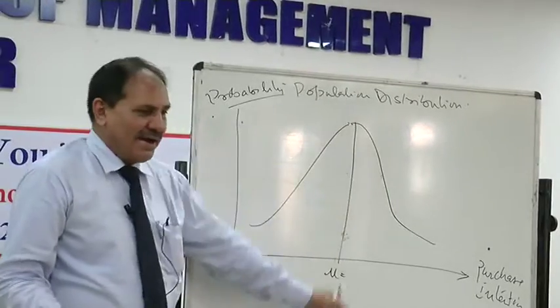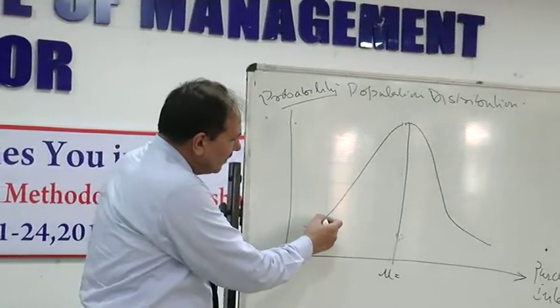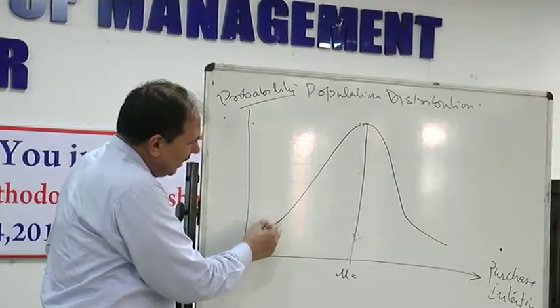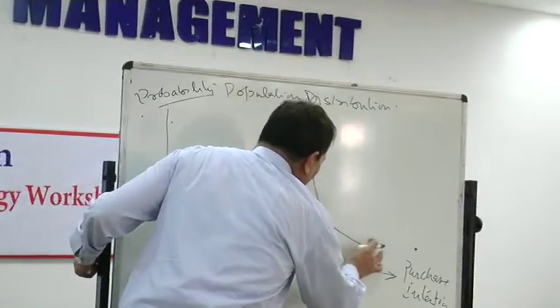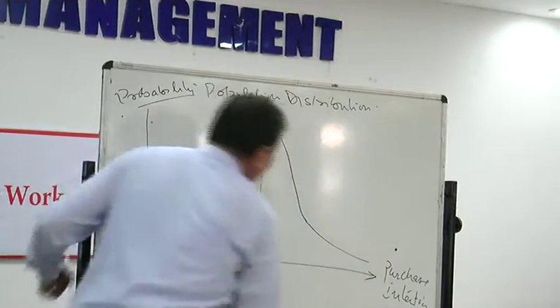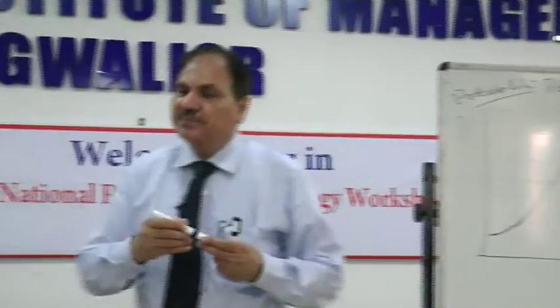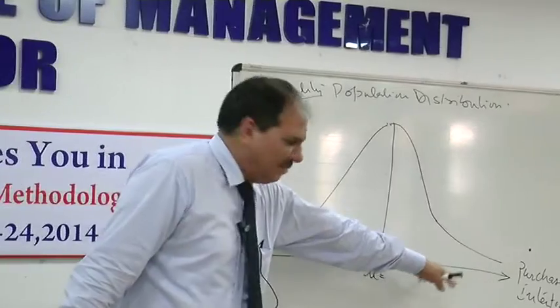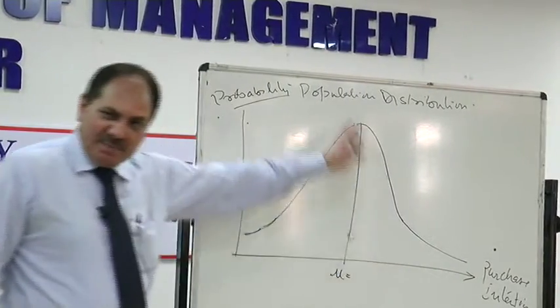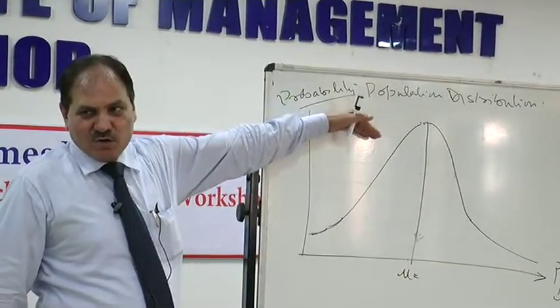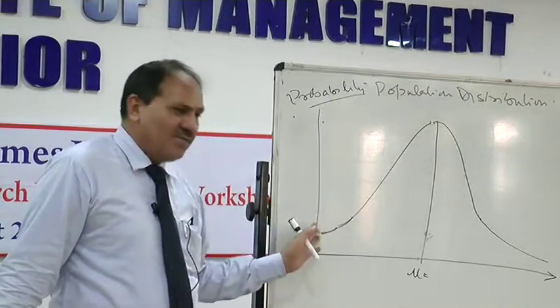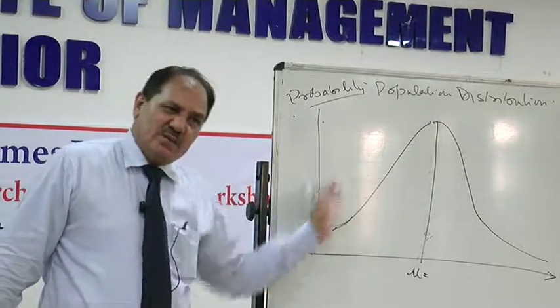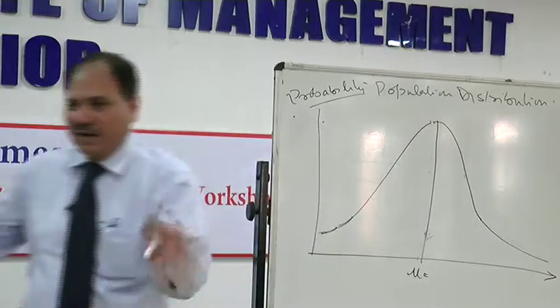This central part is the mean value, and as you go away from the mean, you find the probability reduces. This is the population distribution. In the population, what is the mean purchase intention? The mean purchase intention would have maximum probability, and the probability of purchase intention being lower or higher than that would be lower.